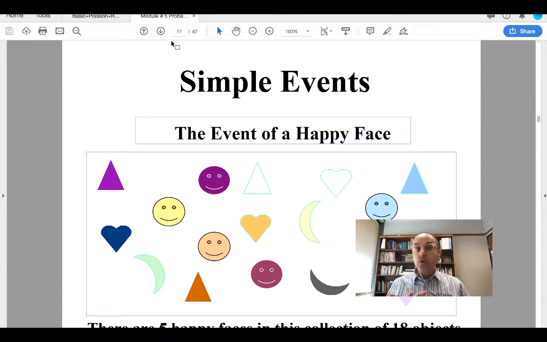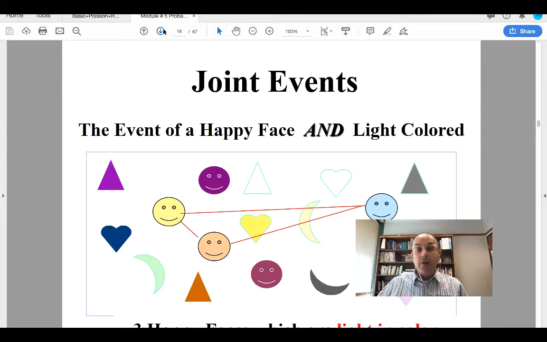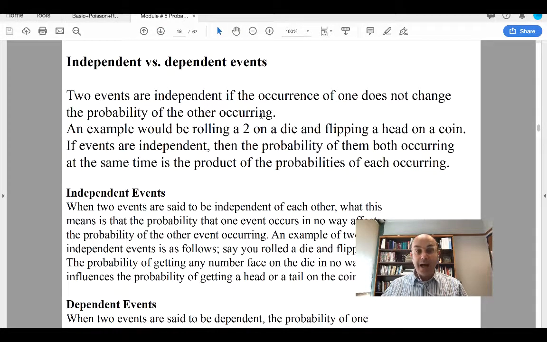Another way for us to do it is with simple events. There are 5 happy faces in this collection of 18 objects. So it will allow us to see where those faces are and how they apply. Another element that we have to remember with regard to the terminology in probability is independent versus dependent events. 2 events are independent if the occurrence of one does not change the probability of the other.